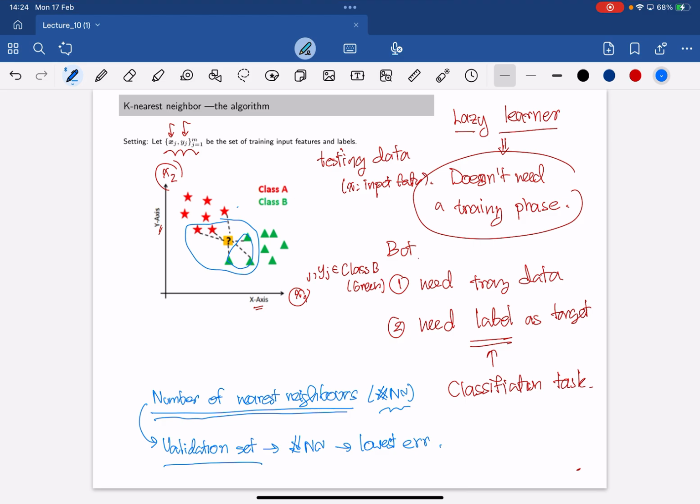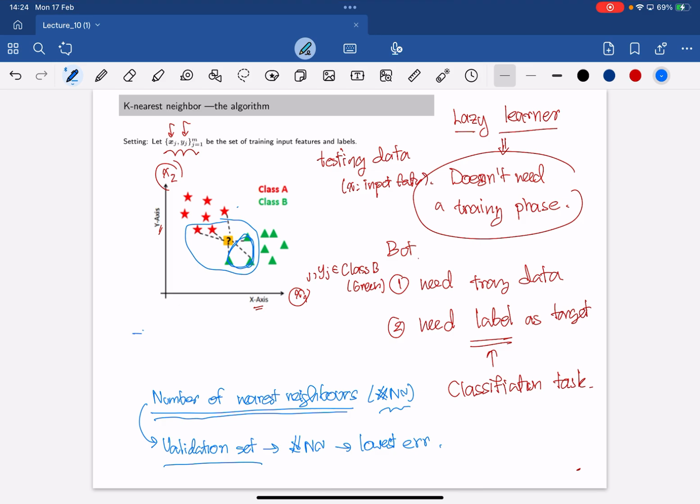But don't forget that when we do the majority vote, you have to count, right? So how would you efficiently compute this counting operation? One way is calculating how many samples from class B are being included in the neighbors.